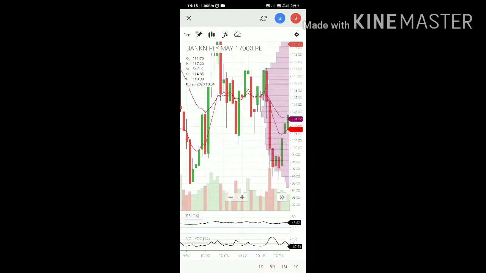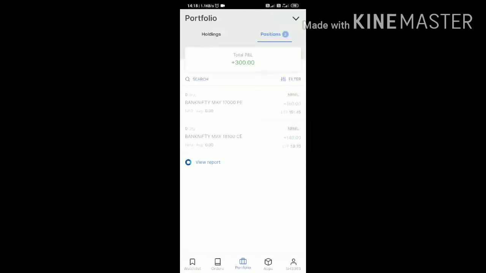So I did another trade, and that was also successful, and we booked a profit of 6.7% within just 1 minute. On average, I'm telling you, you have to calculate it. 6.7% around. So let's see what happened.